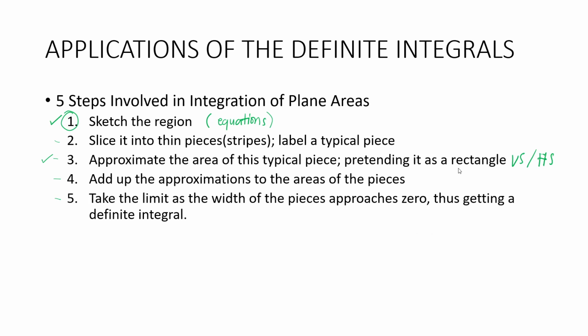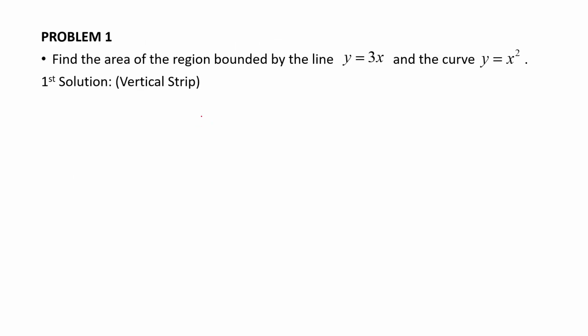Okay, so let's start answering your application, area. Let's try solving this one first using the vertical strip, and afterwards we try to solve using the horizontal strip to see if it gives the same answer. So the first one is we use the vertical strip.